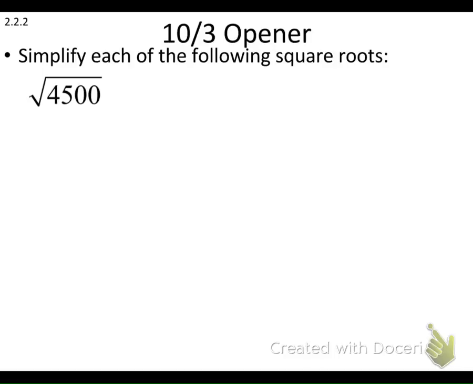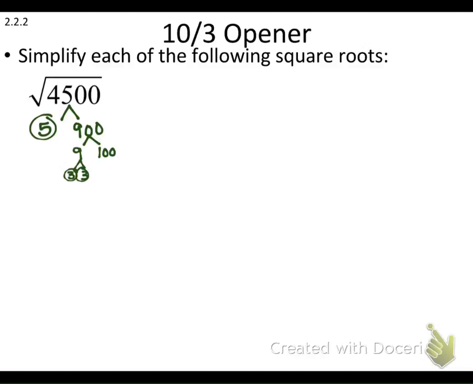And then you can circle your 5 since it's a prime. And then 2 factors of 900 would be 9 and 100. Okay. And then 2 factors of 9 would be 3 and 3, and then you circle both 3's.